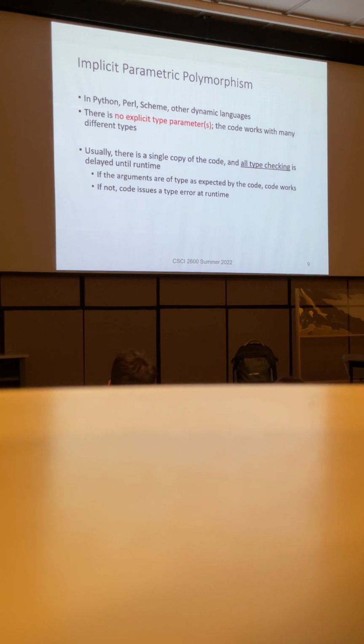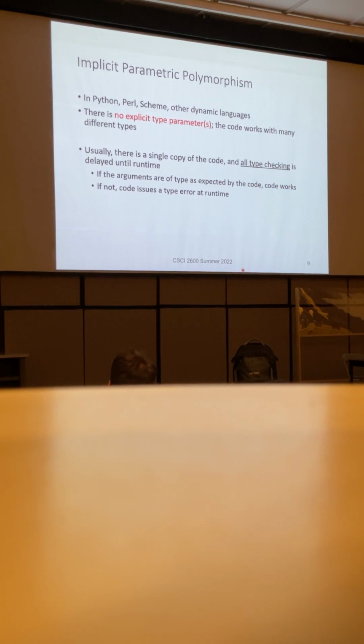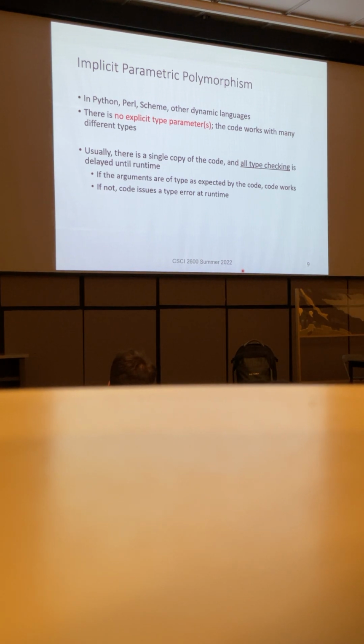And besides Python, there are a number of other languages that follow the same kind of fashion. Perl, Scheme, other dynamic languages. So you don't need to explicitly define types. The code just works with many different types by virtue of dynamic typing.